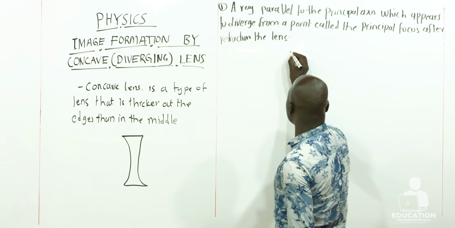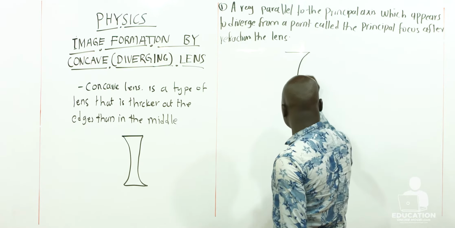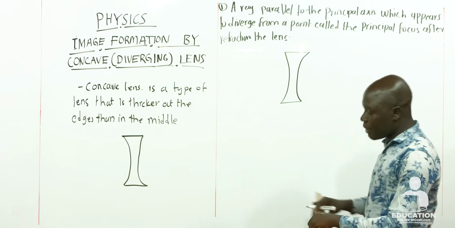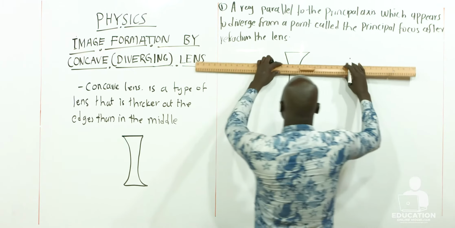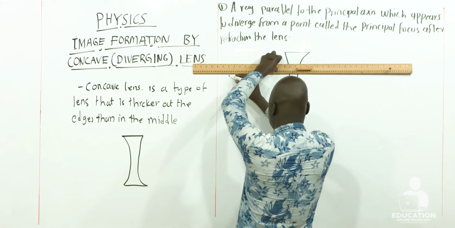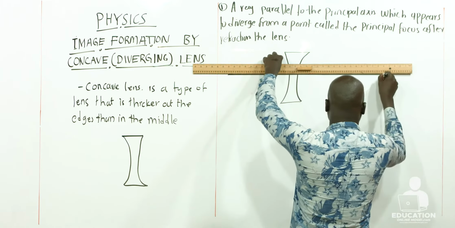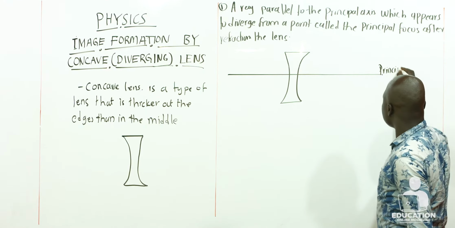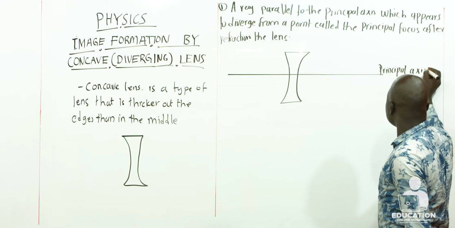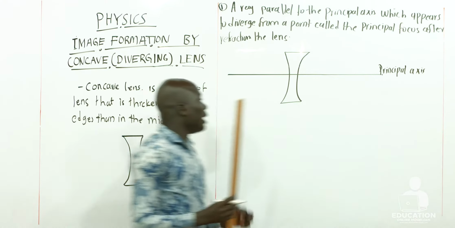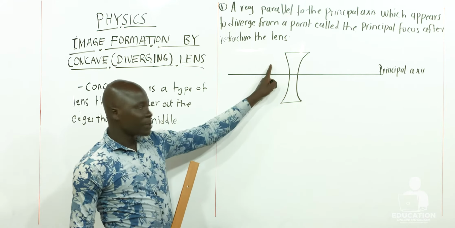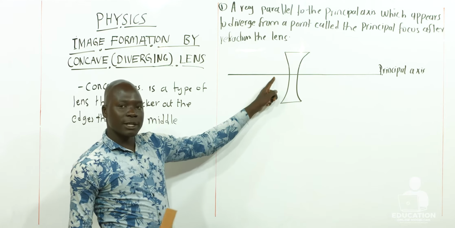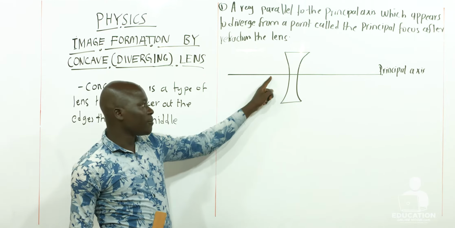If this is our concave lens, then a line through the center of the lens is called the principal axis. So this is the principal axis of the lens. Now a ray that will be parallel to this principal axis will appear to diverge from a certain point which is called the principal focus of the lens, that is after refraction from the lens.